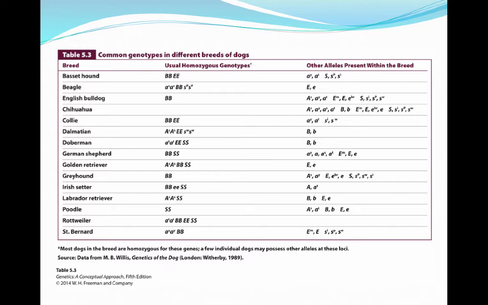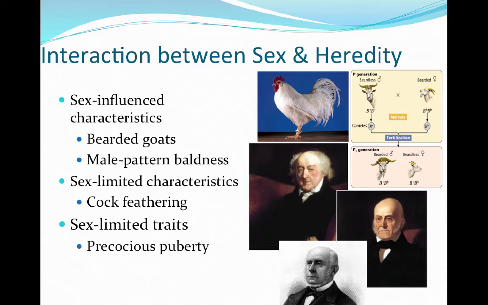If we look at a pretty complicated one like the beagle up here, they have 3 different genes that interact to form their specific color pattern. Rottweilers also have a large display. They have 4 different genes that affect their coat pattern, whereas poodles and greyhounds are very simplistic, so they only have 1 gene that really affects their phenotypic color.